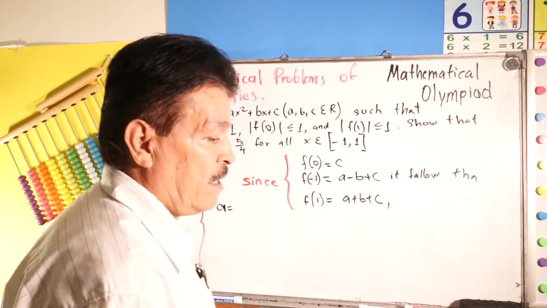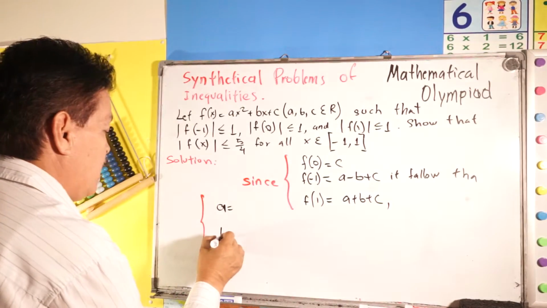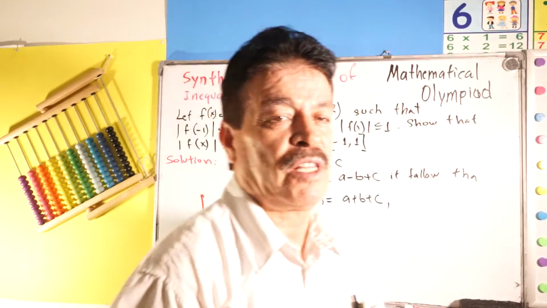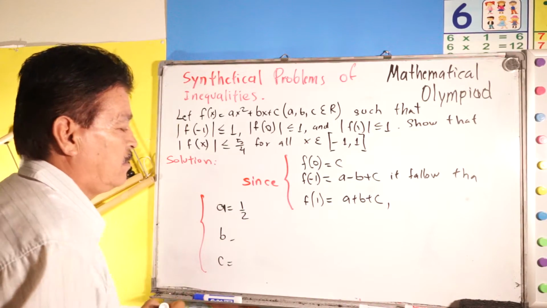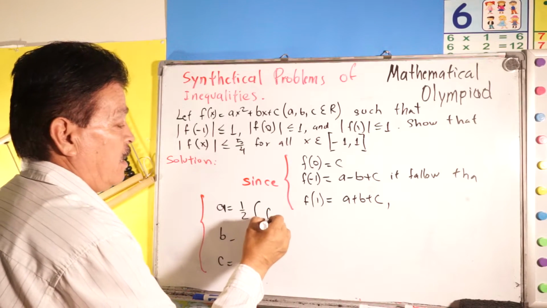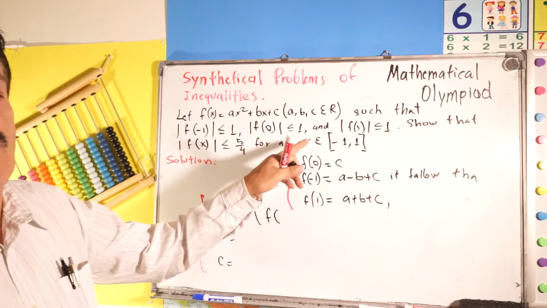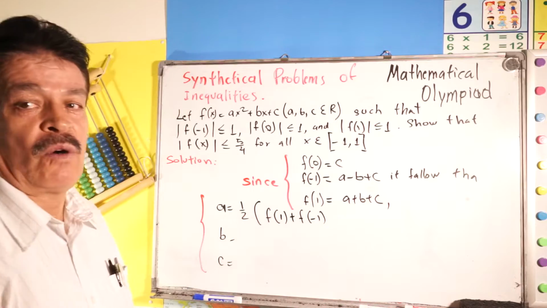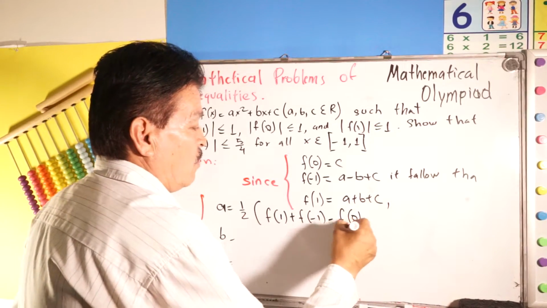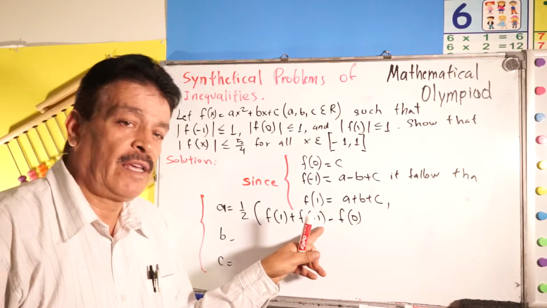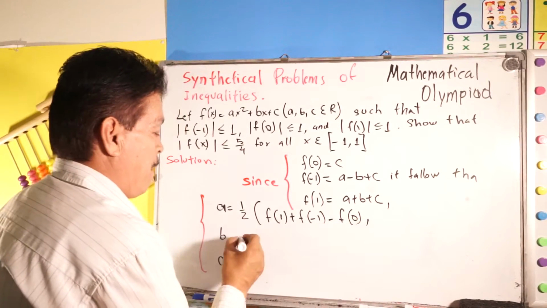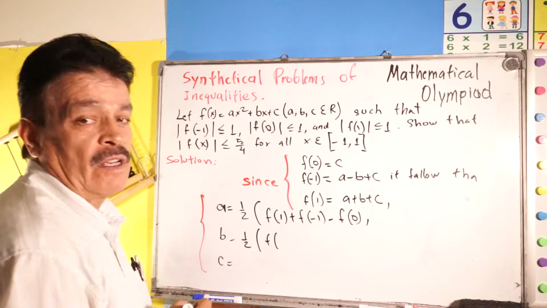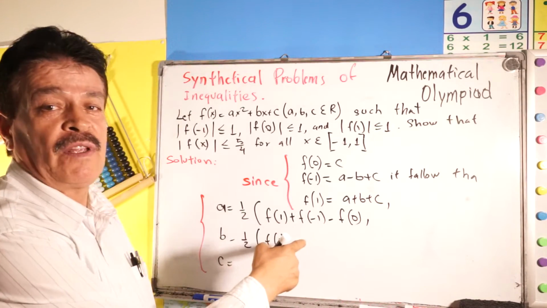Those are the variables. a equals 1/2 of f(1) plus f(-1) minus f(0), so look at the sign right here. b equals 1/2 of f(1) minus f(-1), a little different from the top.